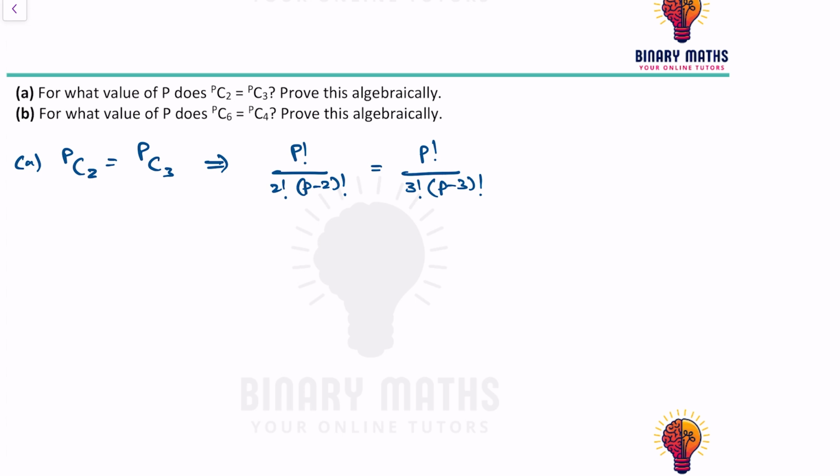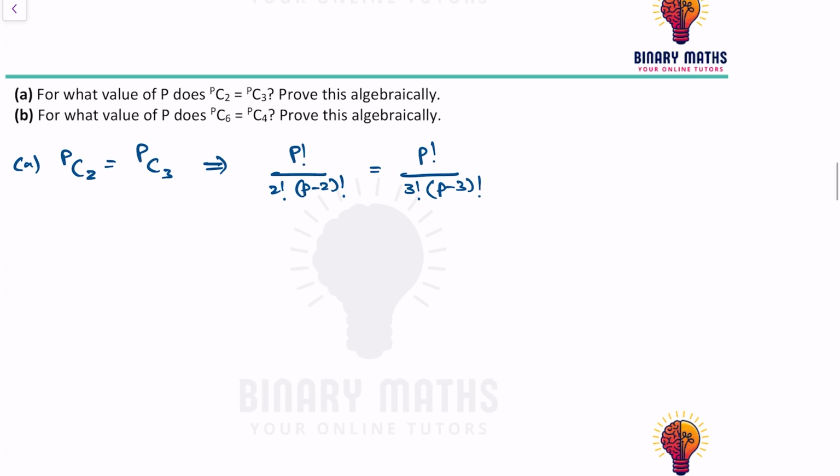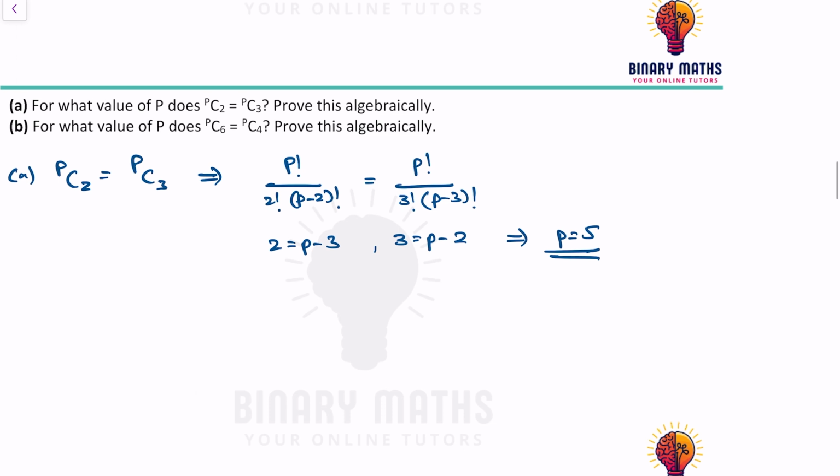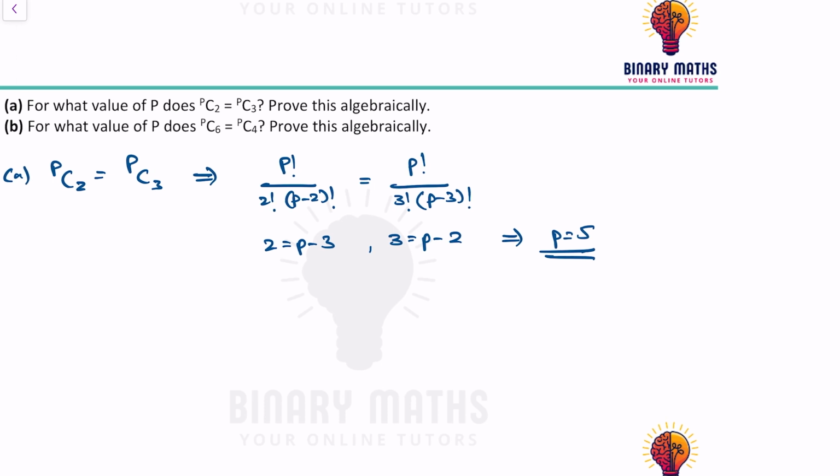So 2 must be equal to p minus 3 and 3 must be equal to p minus 2. If we rearrange to find p for both these equations, p is equal to 5. So that is true, p must be equal to 5, which makes sense because 2 and 3, when you add them up, do give you 5.